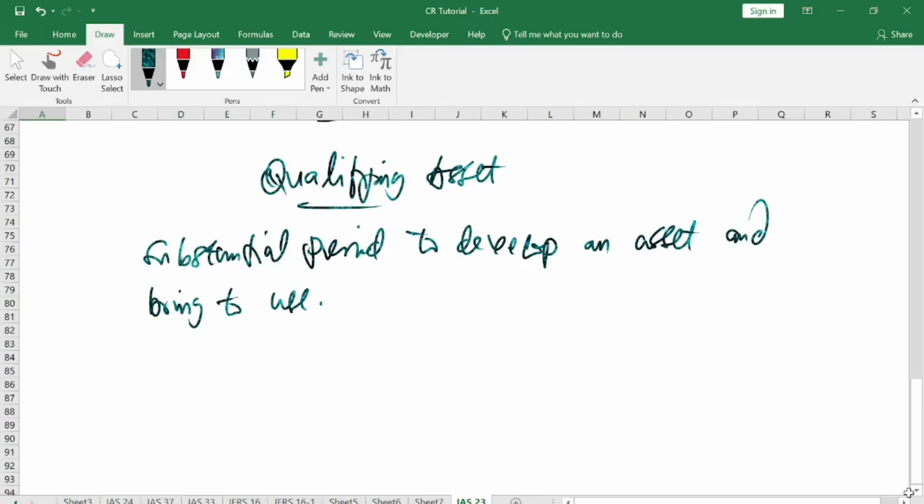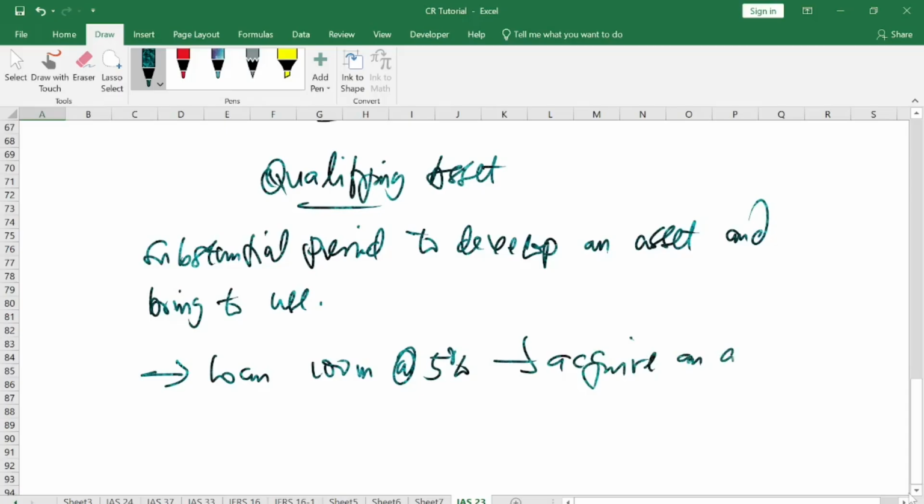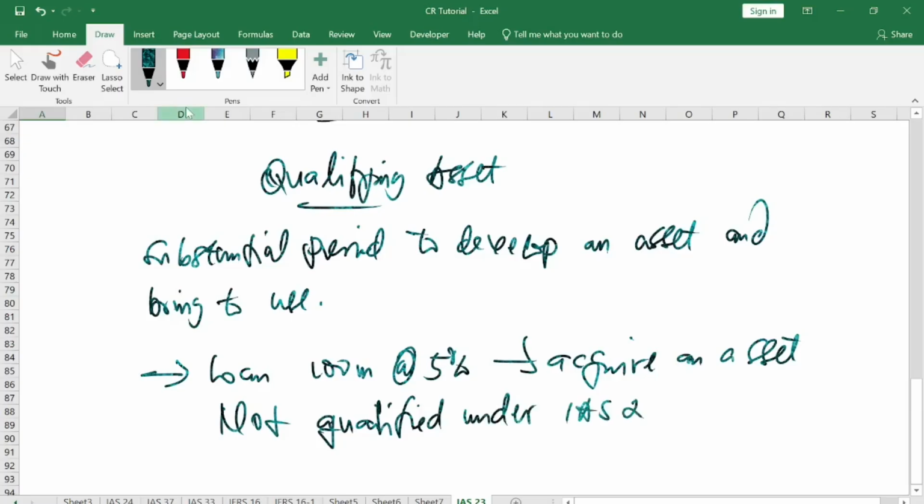So for example, you took a loan of 100 million at an interest rate of 5%. What did you use this loan for? You used it to acquire, or buy, an asset. When you do this, it doesn't qualify under IAS 23.